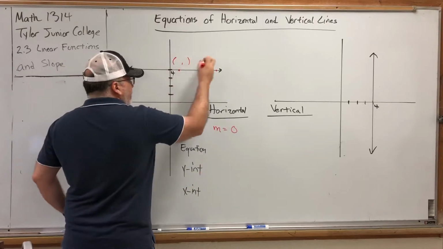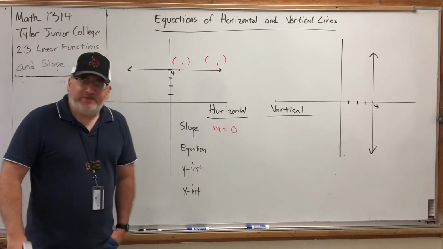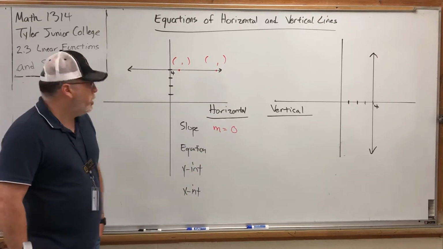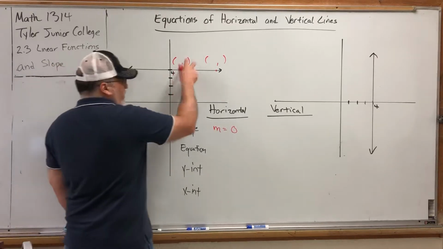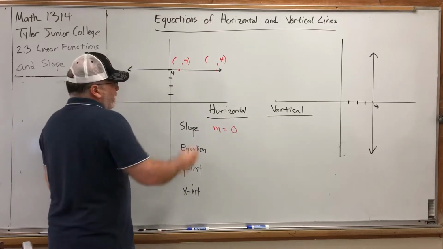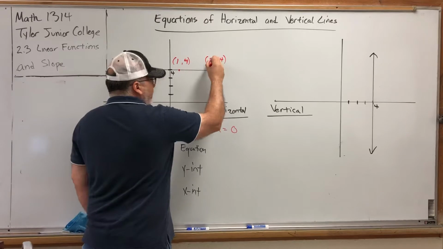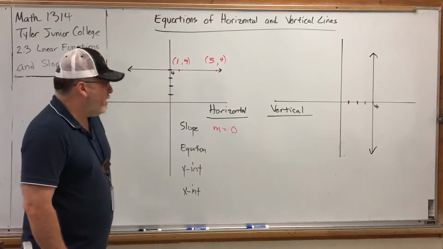So what would these ordered pairs be? Well, without labeling the x-axis, we can't specifically say what the x-coordinates are, but because they're all in the same horizontal line, I know the y-coordinate of this point is 4, and the y-coordinate of that point is 4. So maybe what I was thinking was 1, 4, and 5, 4, but honestly, the 1 and the 5 were arbitrary. The 4, however, is not.